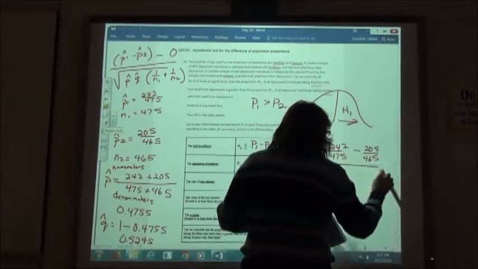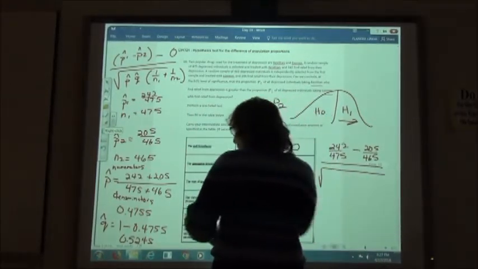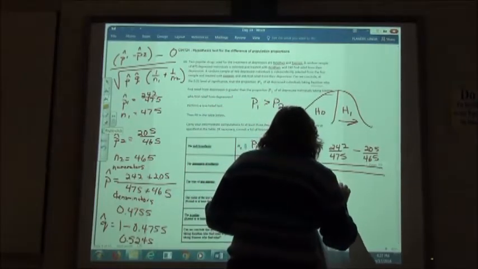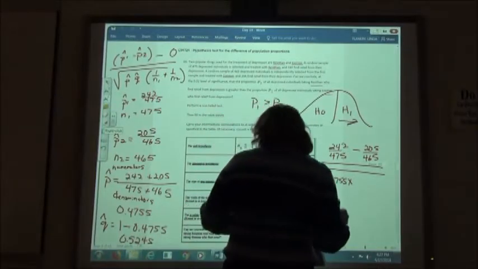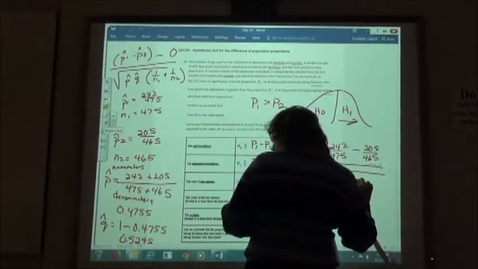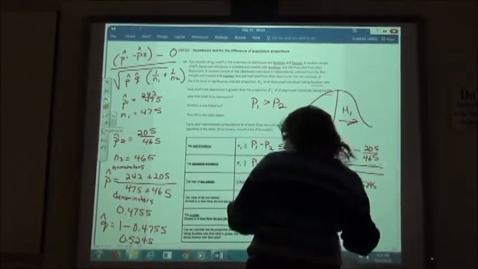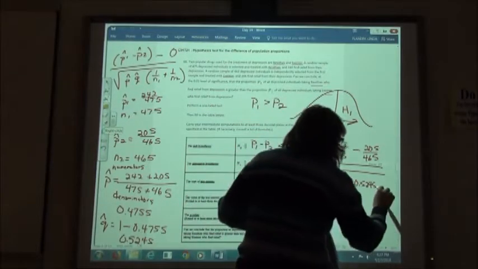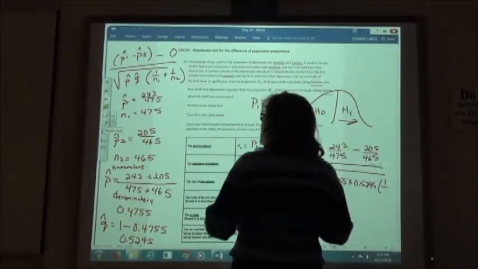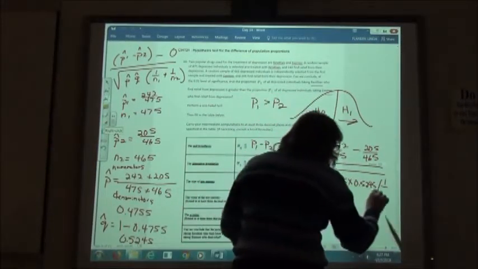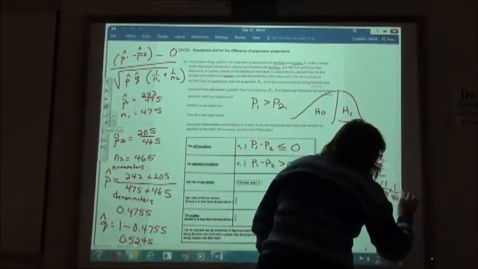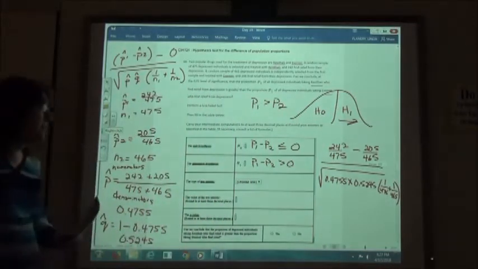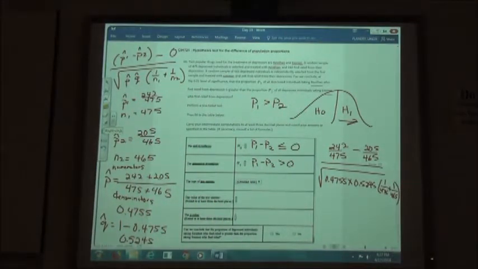And that's going to be over the square root of 0.4755 times 0.5245 times 1 over n1, which was 475, plus 1 over n2, which is 465. Again, all that has to go underneath the square root when you punch that in.